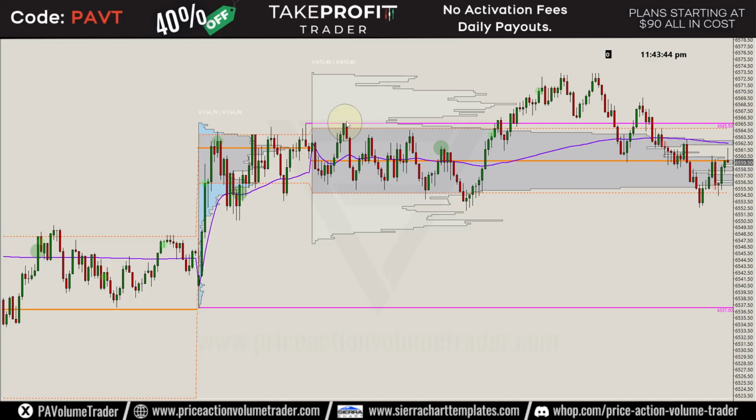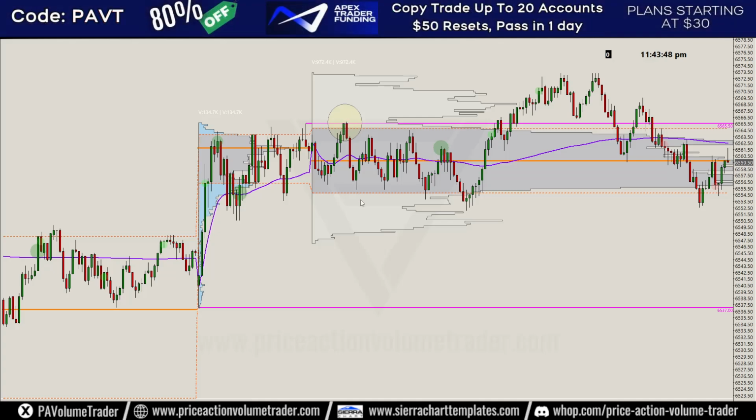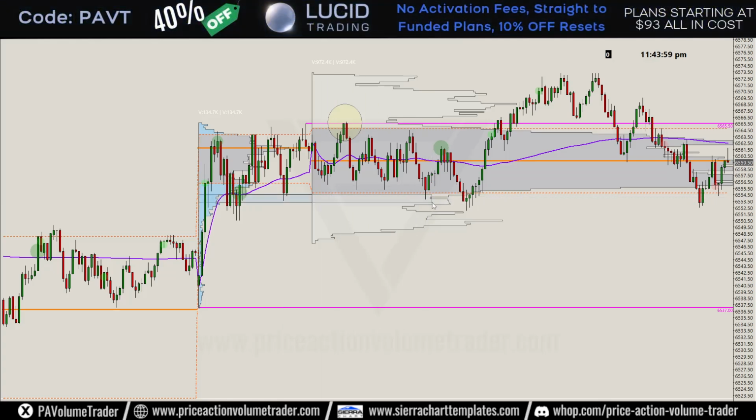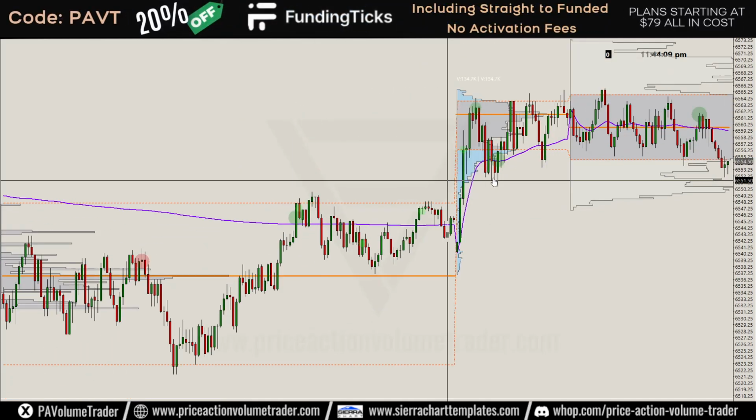You can see we literally exceeded it just by a tick, and that gives us an opportunity to pull back here, and then we came all the way back down into the bottom edge here, the low volume node support from the extended hours high volume node there. So that's one example we have right there.